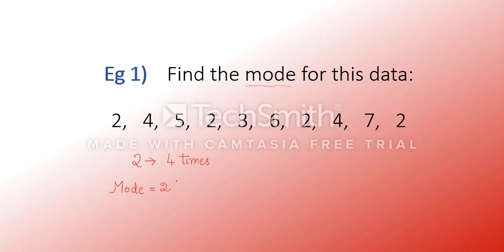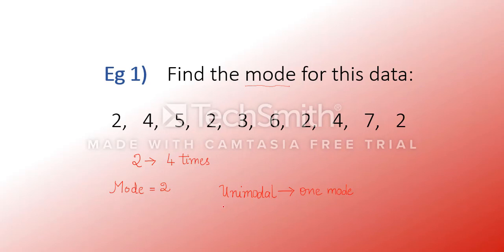I would like you to make a note of one very important point over here. This particular data is what is called unimodal type of data. And why it is called unimodal is, as is evident from the word itself, if there is only one mode, the data is unimodal. So there is only one value which has the maximum frequency.